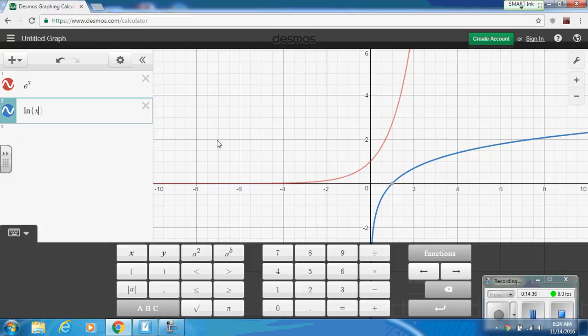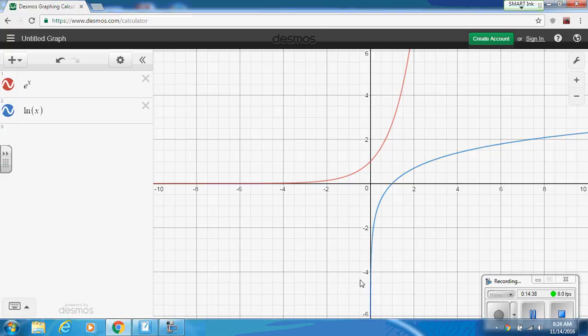Alright, so here they are. These are the two inverse functions.